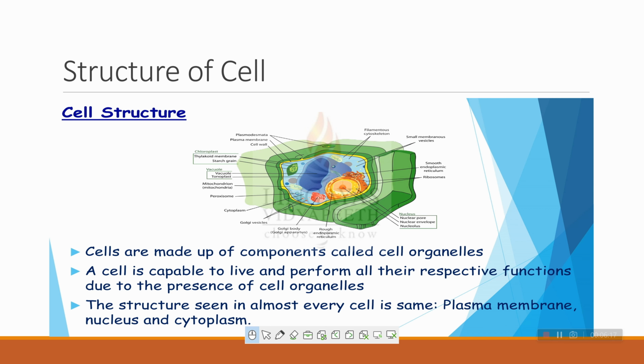Alright, the cell membrane. You can see here the membrane of the cell. The cell membrane is made up of two layers of phospholipids with embedded protein, and it regulates what enters and exits the cell.